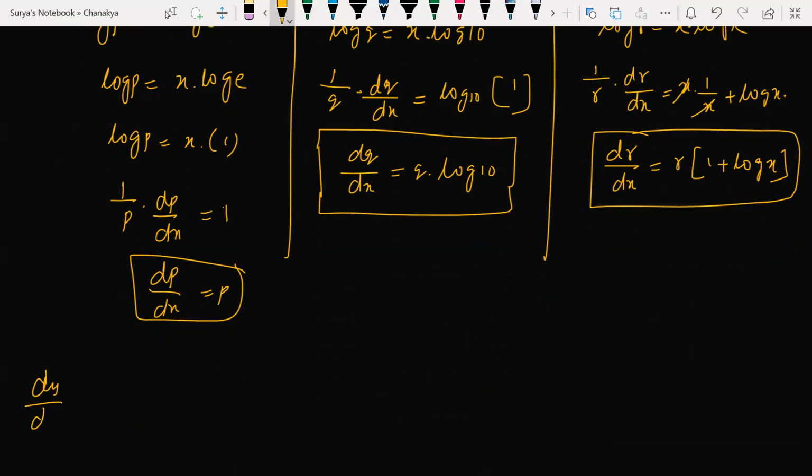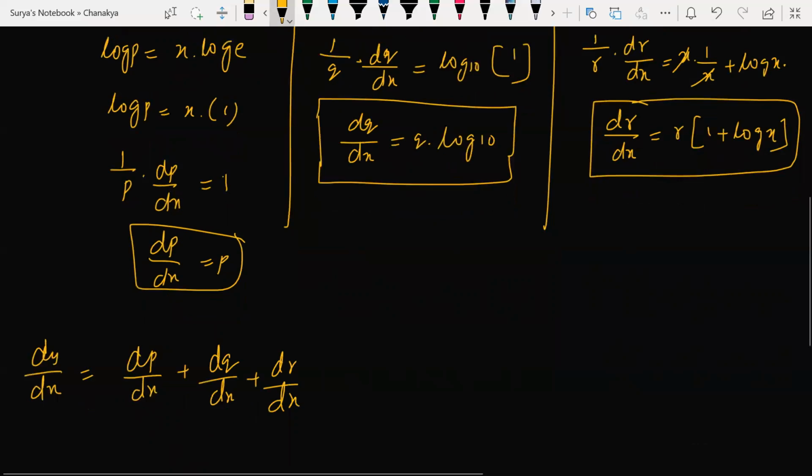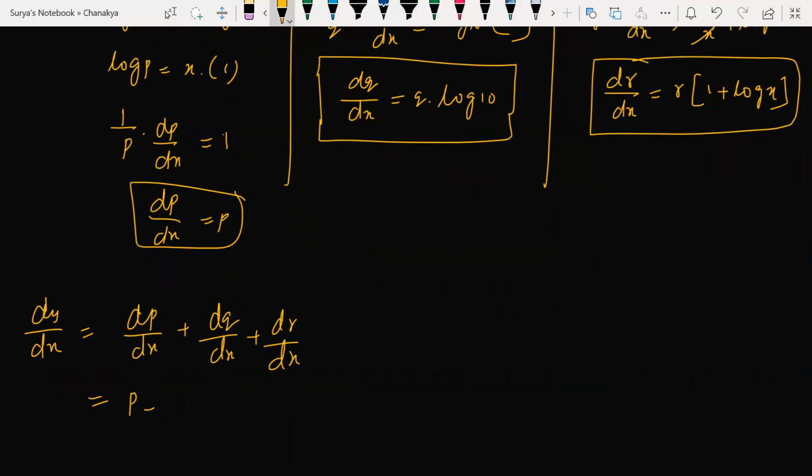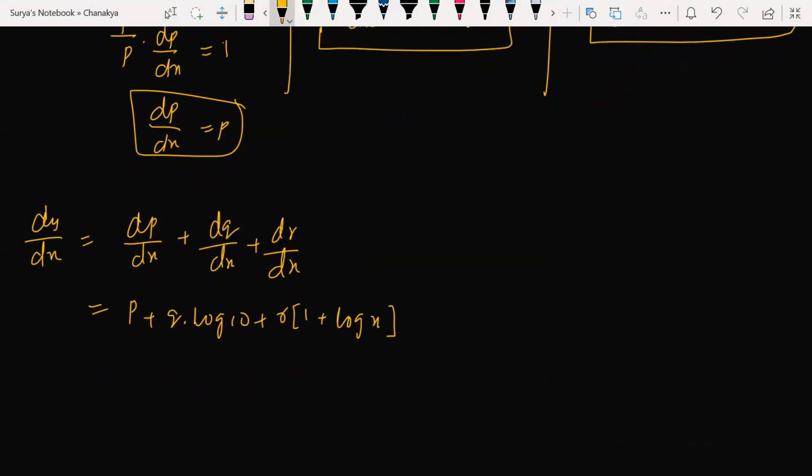Now what do I need here? dy by dx I need. So dy by dx is equal to dp by dx plus dq by dx plus dr by dx. So now solve this: p plus q times log 10 plus r into 1 plus log x.